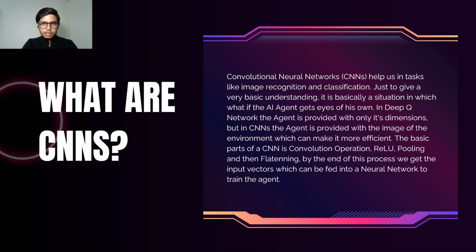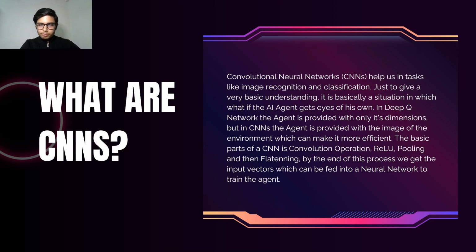In the basic AI network, all the training data fed into that network is just the dimensions of where the AI is situated right now. But if CNNs come into play, then the whole game changes. The AI can now have eyes of its own. It can see what's going on around it in its environment, and from that it can train itself much better than just from dimensions. So that's a very basic analogy I can give you: CNNs are basically AI agents with eyes.